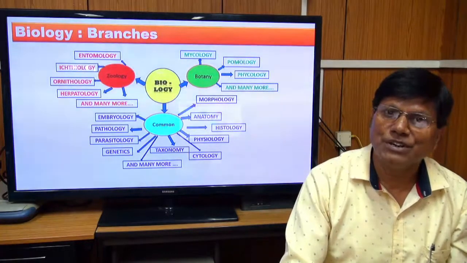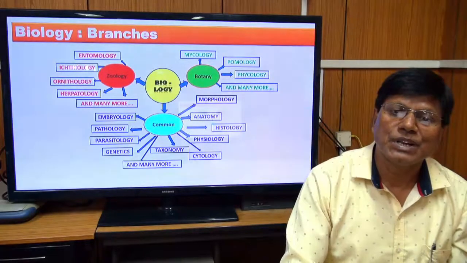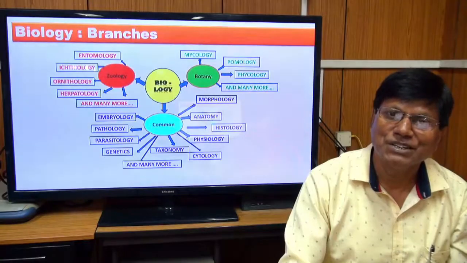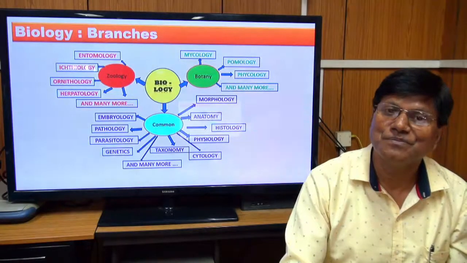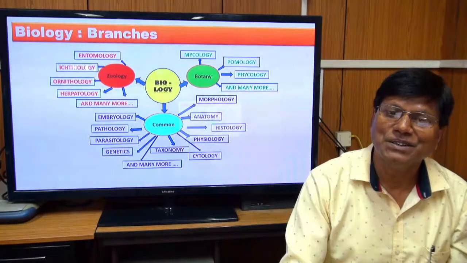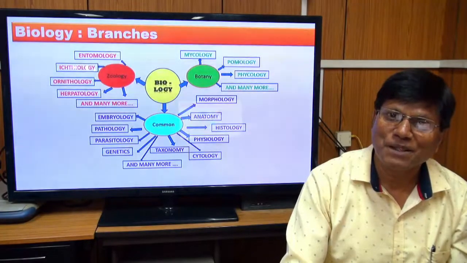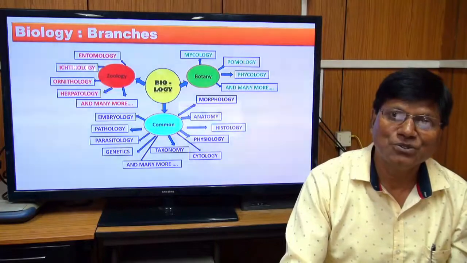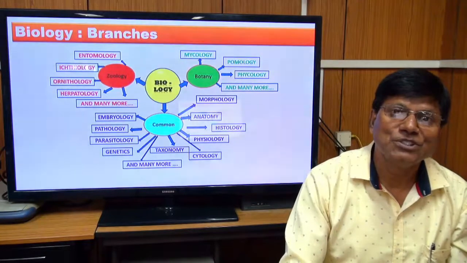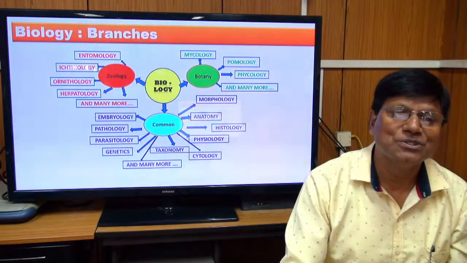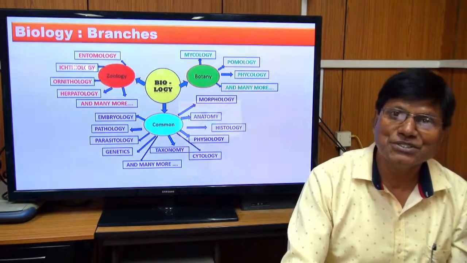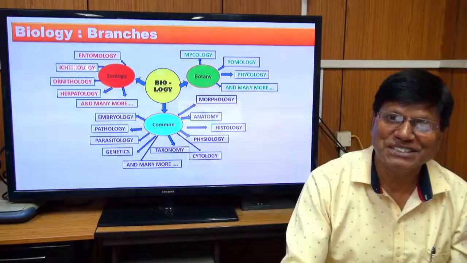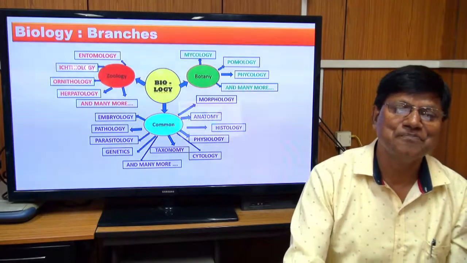Botany has different components like mycology, study of fungi; phycology, study of algae; pomology, study of fruits. Likewise, under zoology: entomology, insects; and the study of fish is ichthyology.